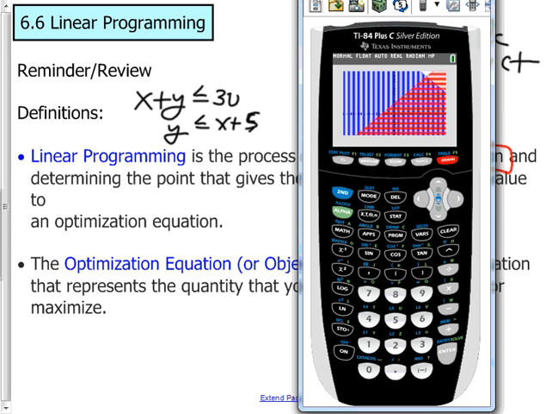Do you get that you can't have negative time and you can't have negative a lot of things, and therefore I also want to shade this direction.